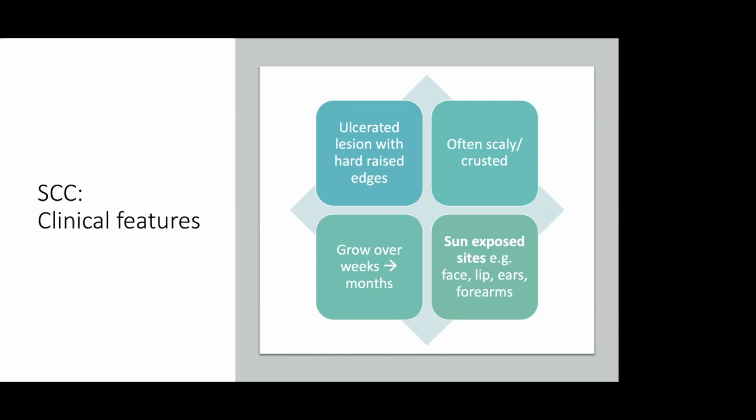They often will bleed or crust over, and may have arisen from roughened, irritated skin. Another way these present is as an open sore or an ulcer that persists for several weeks. And if that is the case, that should increase your suspicion for something more sinister going on, such as a squamous cell carcinoma.